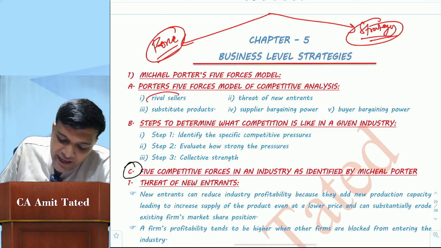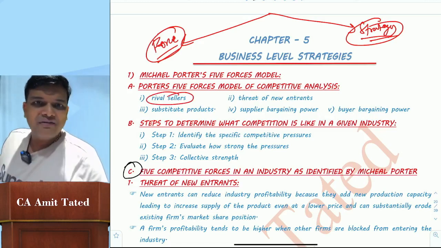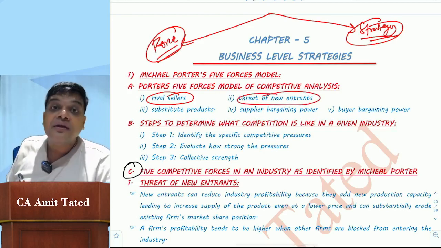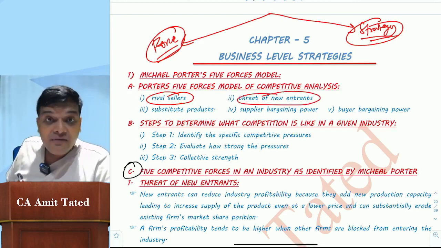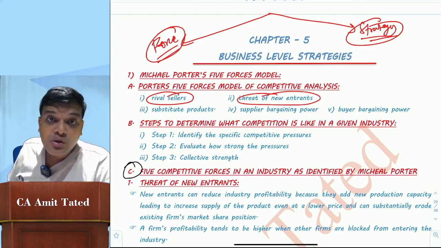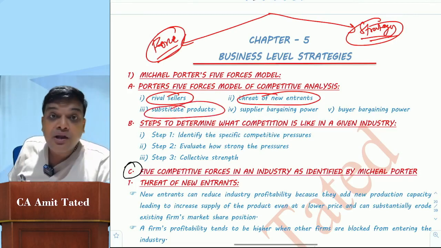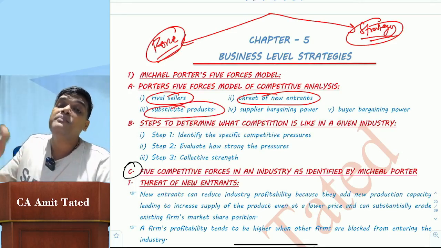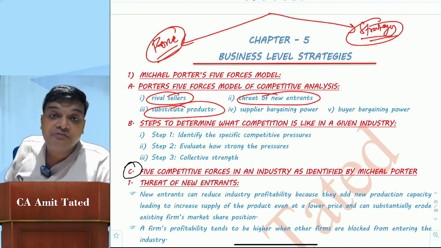First, rival sellers, which I have discussed. Rival sellers, rivalry, competitors, they are definitely a competition. Second point, new entrants. If there is easy new entry, tell me, don't you think competition is very severe? Yes. If there is a substitute product available, competition is severe. If there is a substitute for my product, 100% people may prefer the substitute if my cost is more, if my price is more.